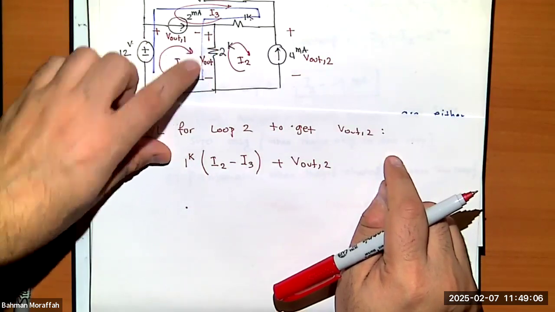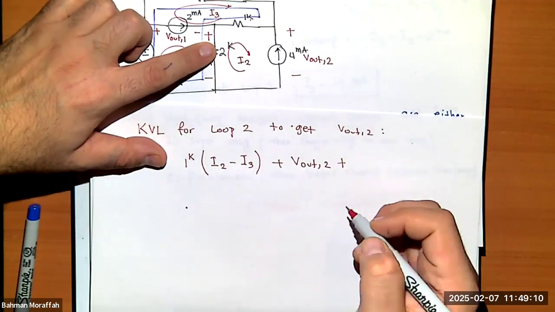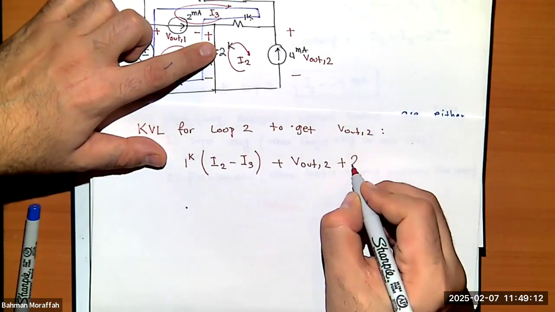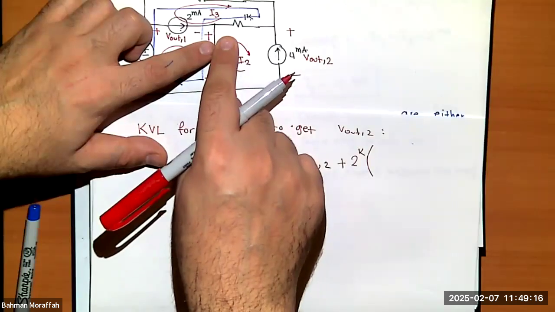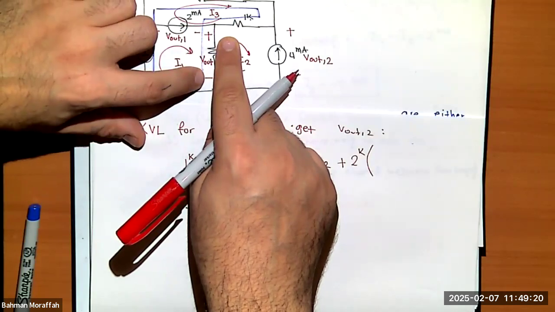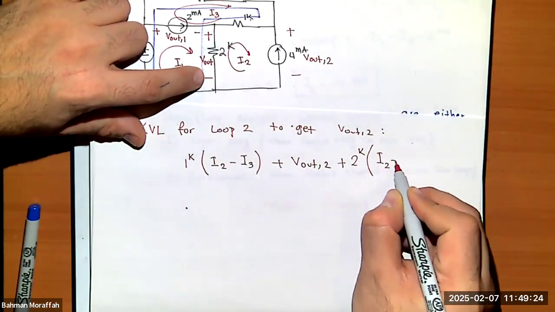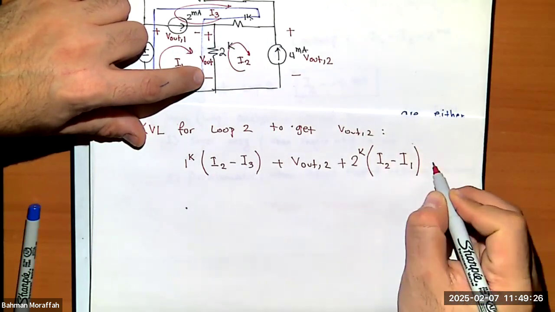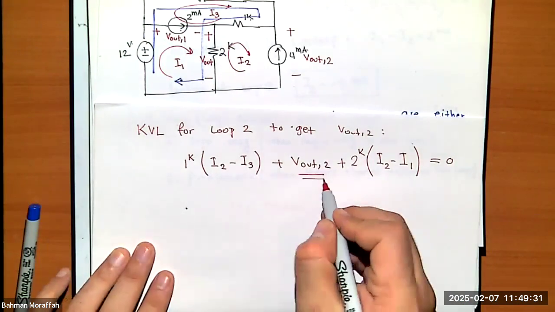What is the voltage across this? That's 2K times, I2 is going up, I1 is going down. What is the current through it? That's I2 minus I1. And that should be easier. I know everything here. I can compute the Vout2.